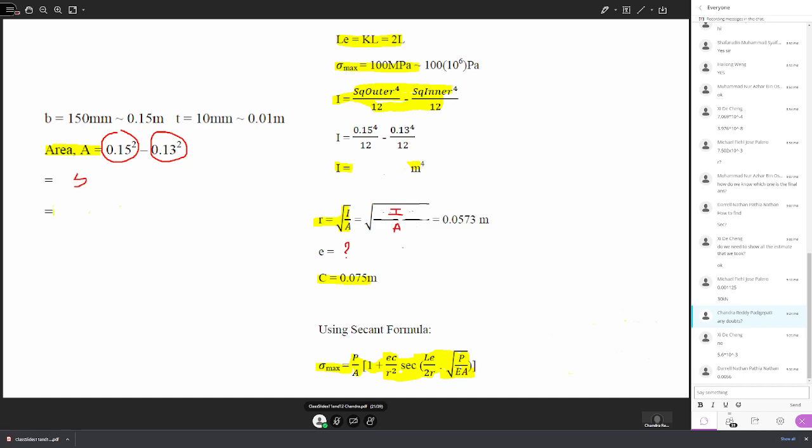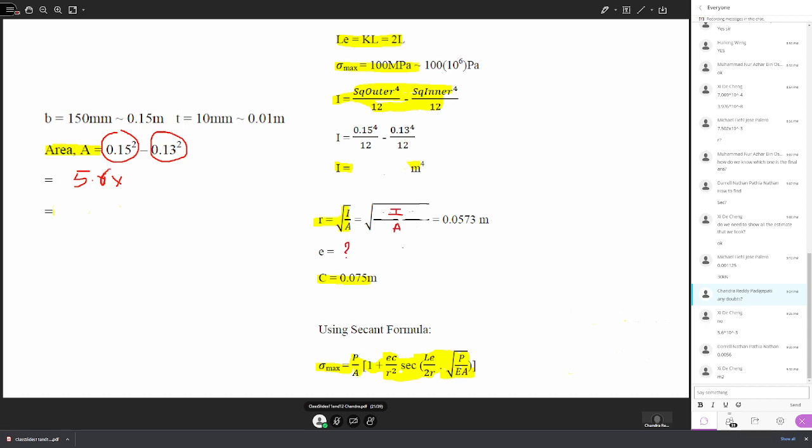So you get 5.6 into 10 power minus 3 meter square, or you can also write 0.0056.